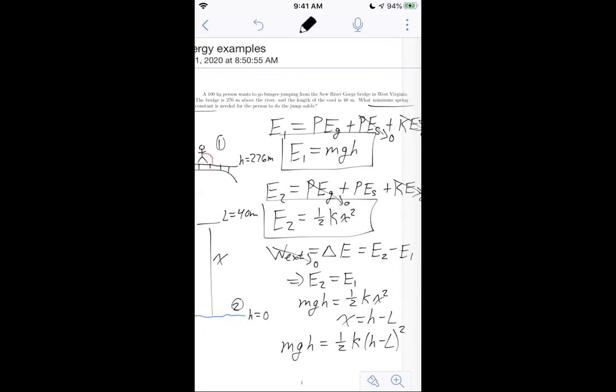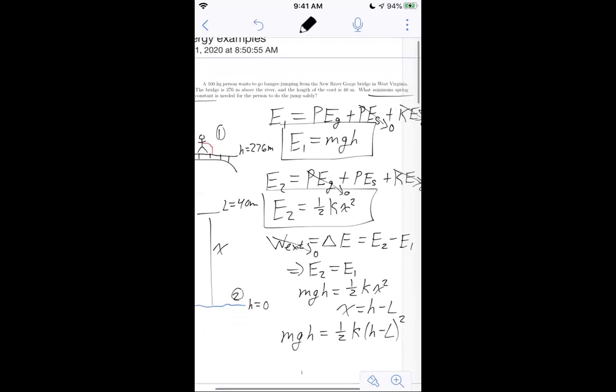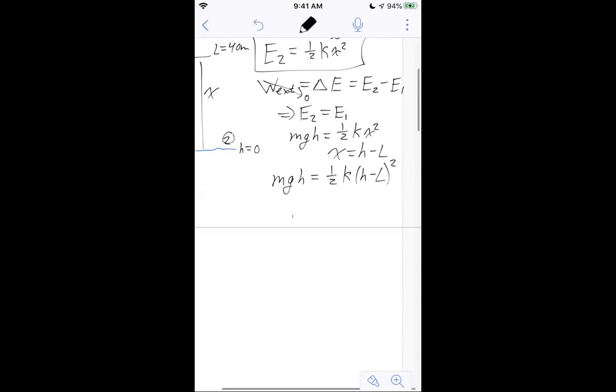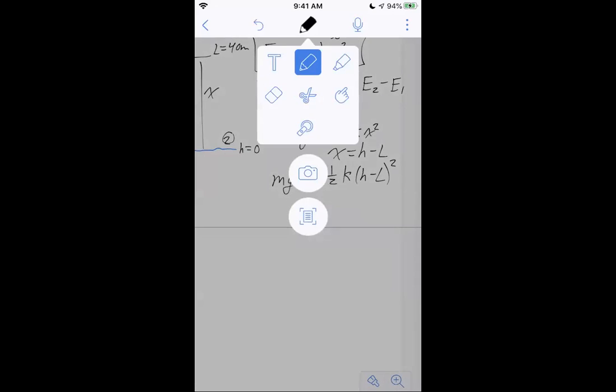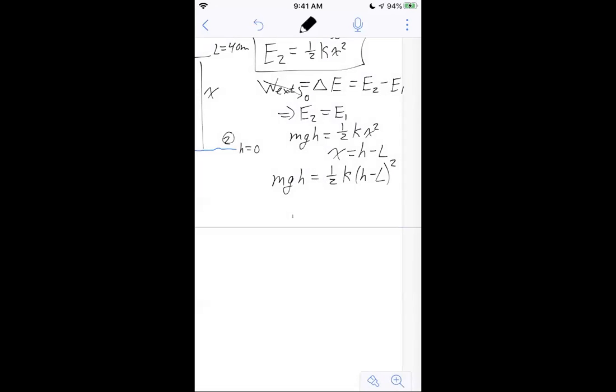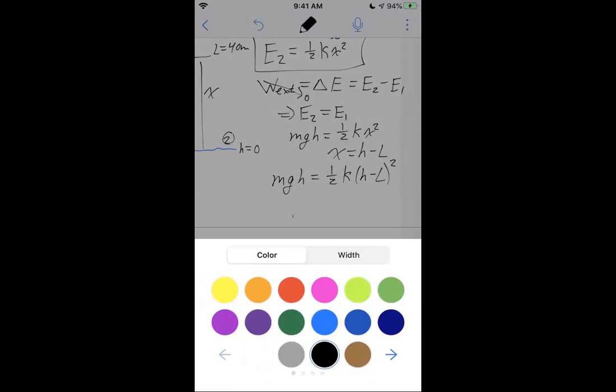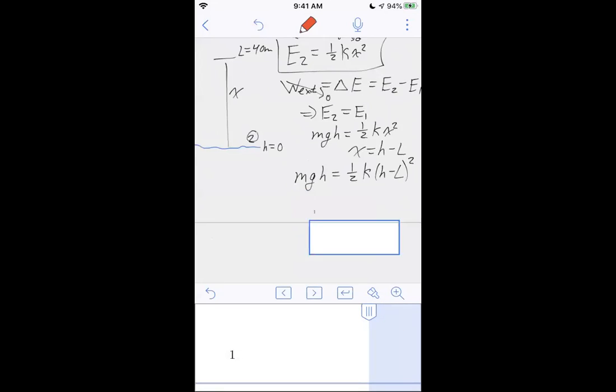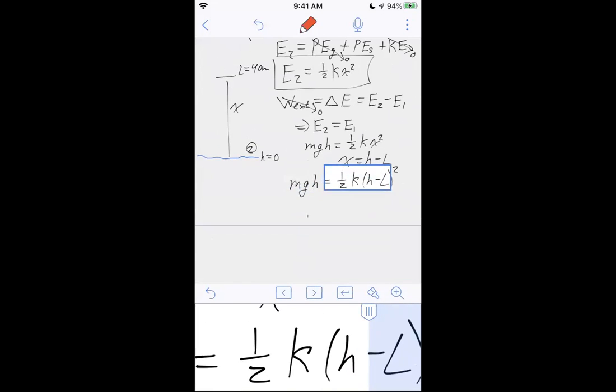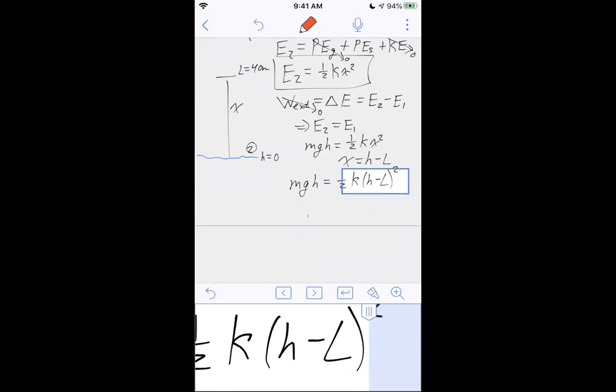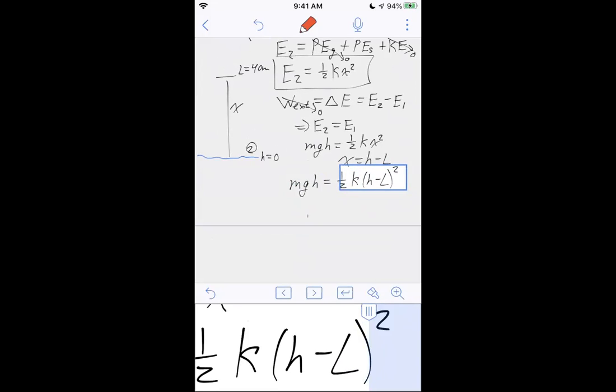So we're trying to solve this equation algebraically for k. All right, I'm going to change color to do my algebra here. I want to get this k by itself.